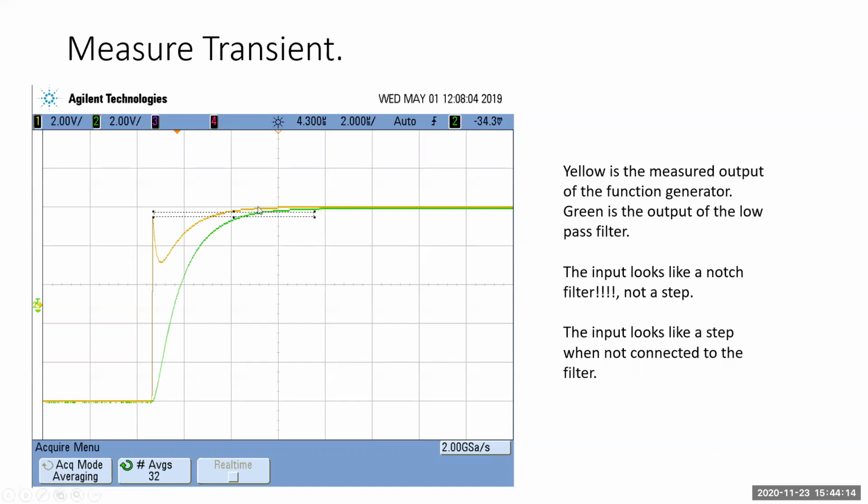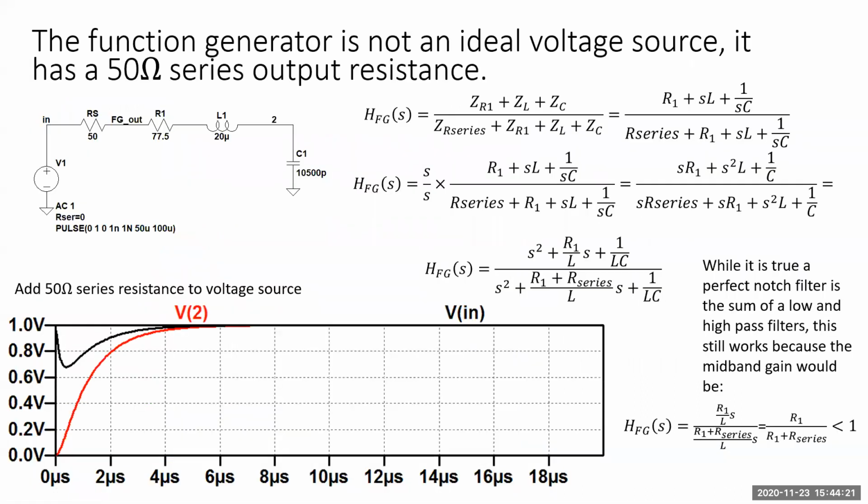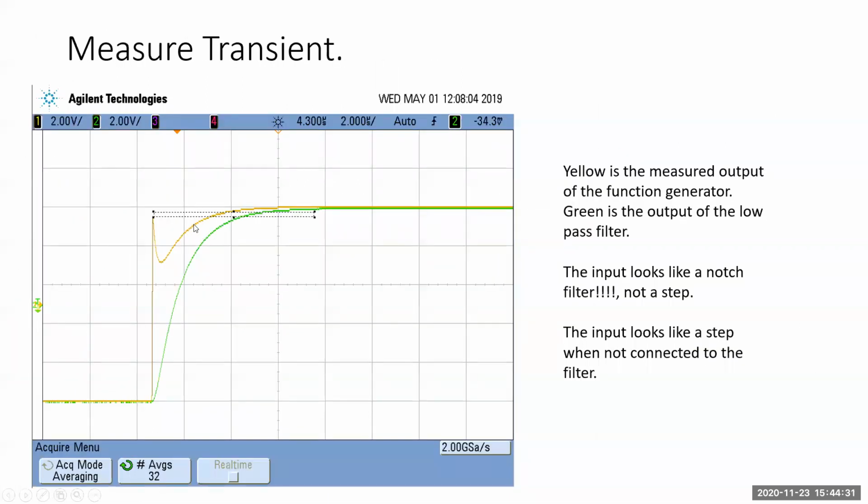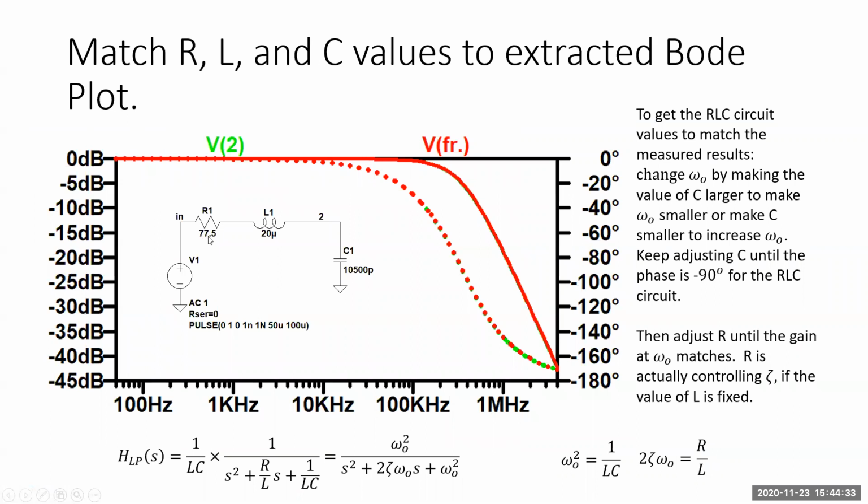But the yellow was the input, which should be a step, but in fact, it's a notch, right? Well, what had happened was, and you guys probably all realized, saying, "Well, hey, professor, you have 77 ohms there. You say you always got to have 2K." I'm like, well, yes, I say that. I didn't have 2K that day, and I didn't have an inductor that would work that way, right?